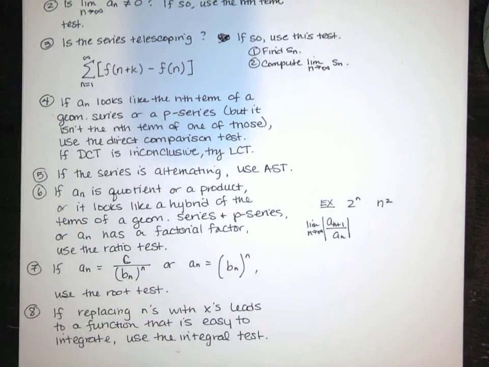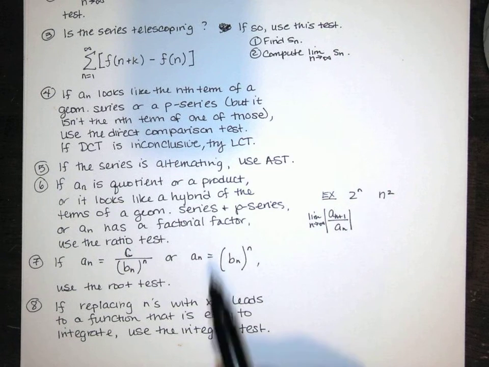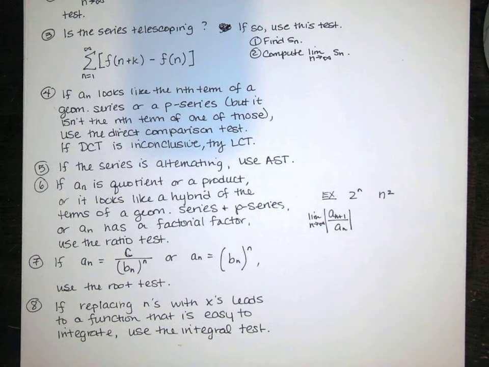And then lastly, if none of these other ones work, and replacing the n's with x's yields a function that's easy to integrate, I might use the integral test. Now I tend to use this test last because I have to check the 3 conditions of the integral test. I need to show that f is positive, continuous, and eventually decreasing. It's a lot of work before I evaluate an improper integral.